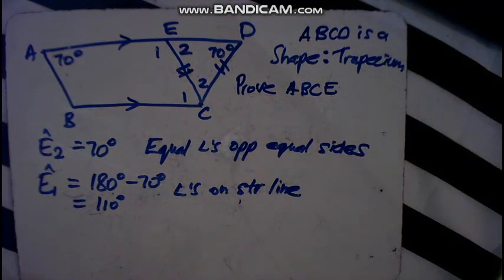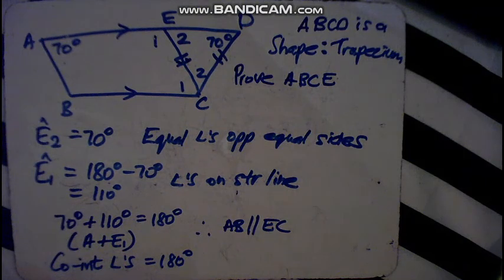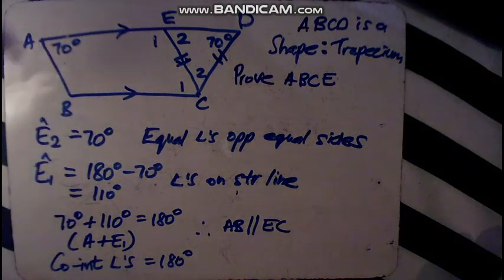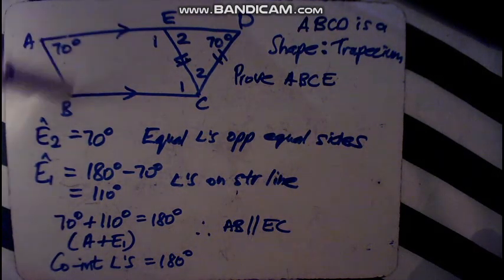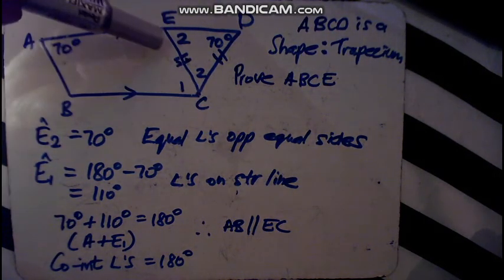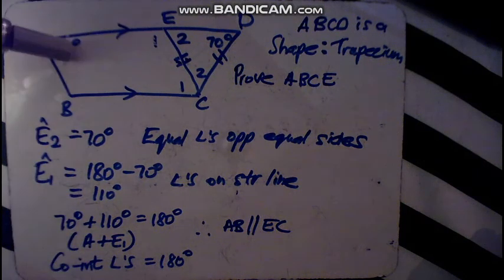If co-interior angles add up to 180, the conclusion is that the lines have to be parallel. So AB must be parallel to EC if these two angles add up to 180.